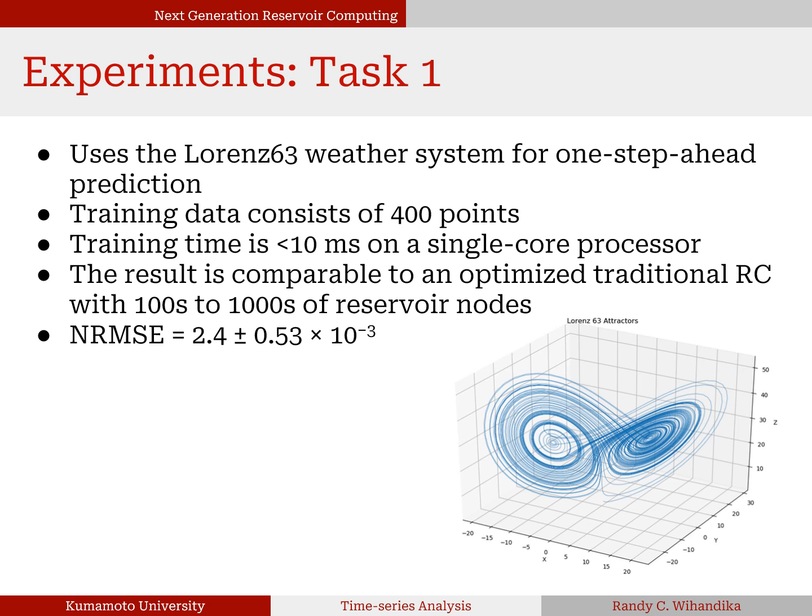And the performance is measured in terms of normalized root mean square error, which is 2.4 plus minus 0.53 by 10 to the power of minus 3. And that is quite a very small number for an error of a system.